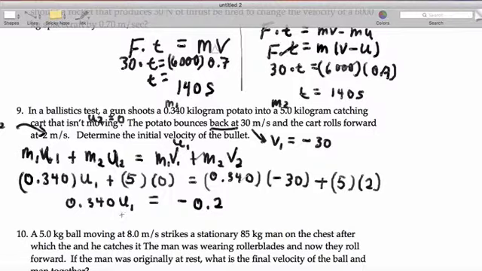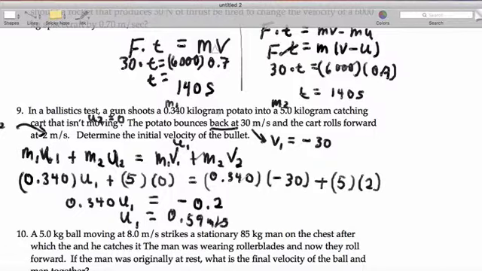And interestingly enough, I'm getting u1 is actually a negative number. So 0.2 divided by 0.340, I'm getting 0.58 meters per second.